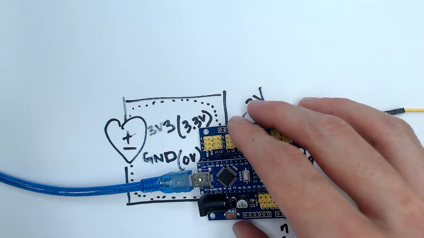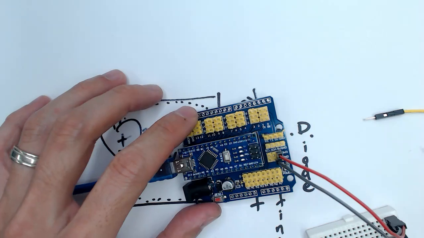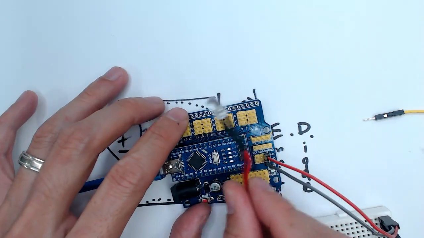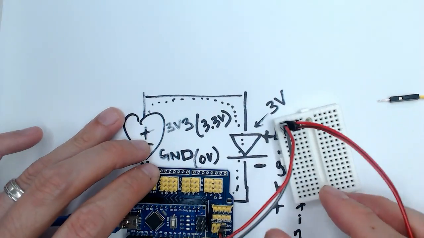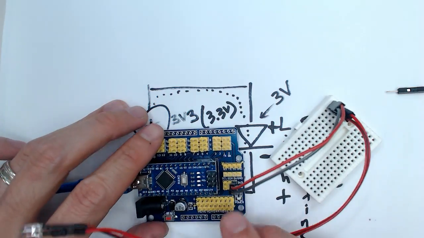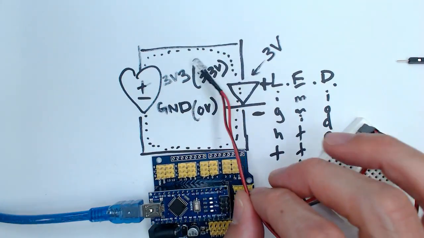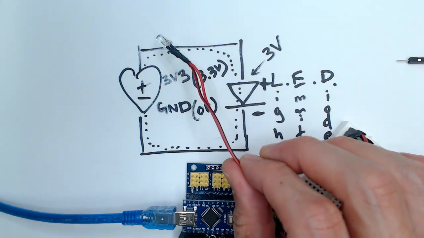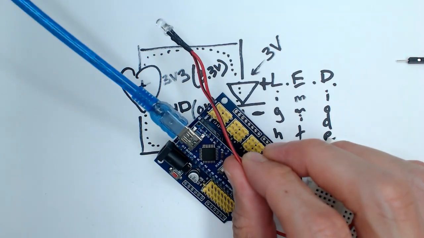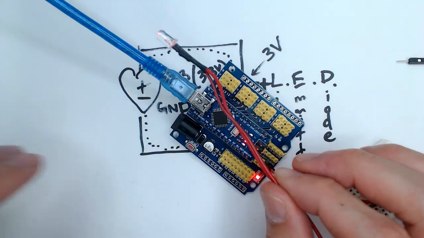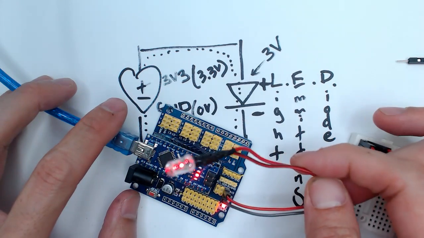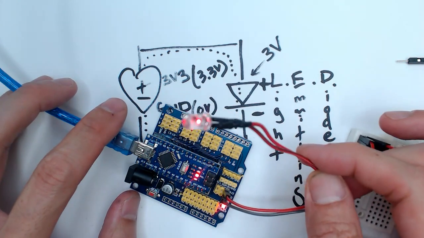If we do it correctly, our light right here should turn on. Here, let me get everything centered here, okay? So I'm going to plug it in, and there we go. All right, so my light is on.